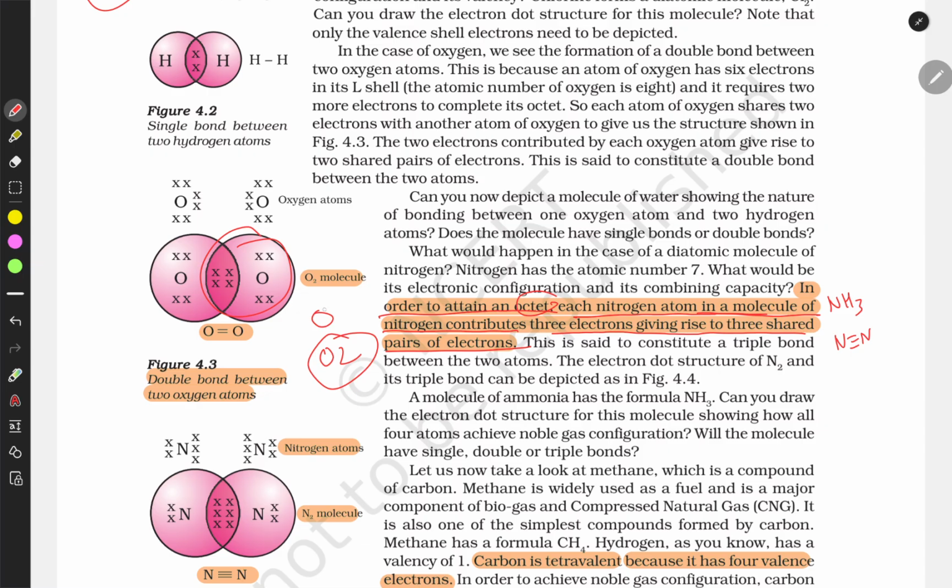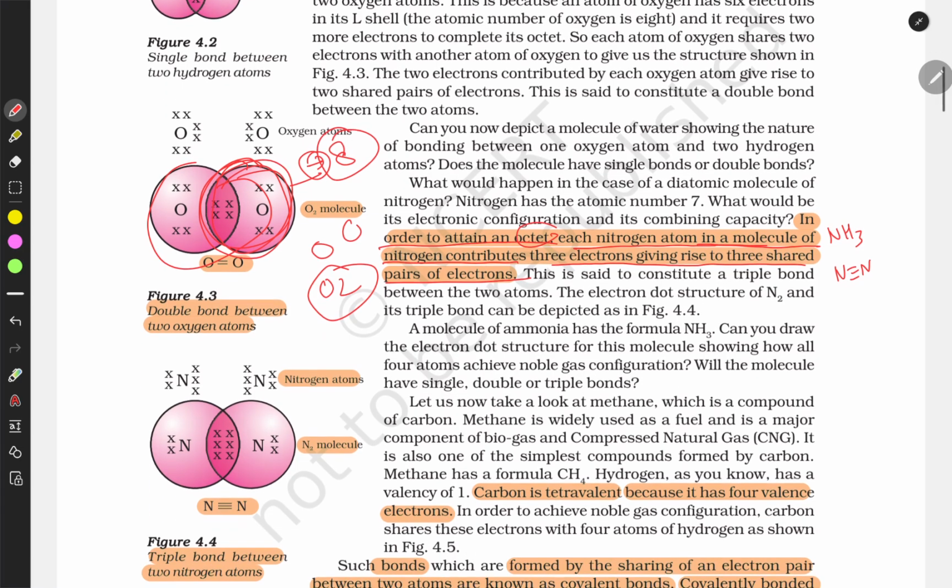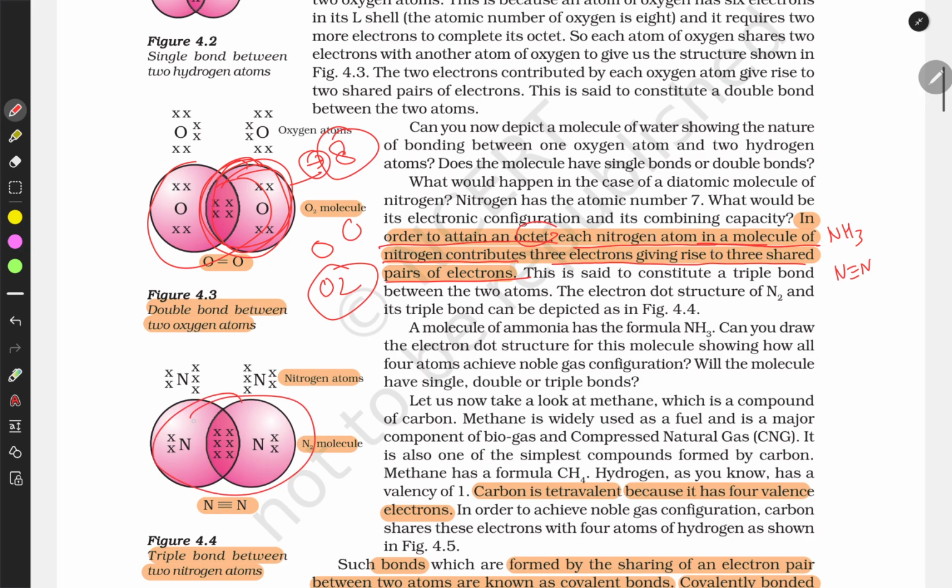Because when the two oxygen atoms attach, they form a covalent bond, and the configuration of their outermost shells becomes like the noble configuration, reaching 8 electrons in the outermost shell by sharing. So nitrogen does this by sharing 3 electrons from each atom, and here each atom shares 2 electrons. So it is forming a double bond.